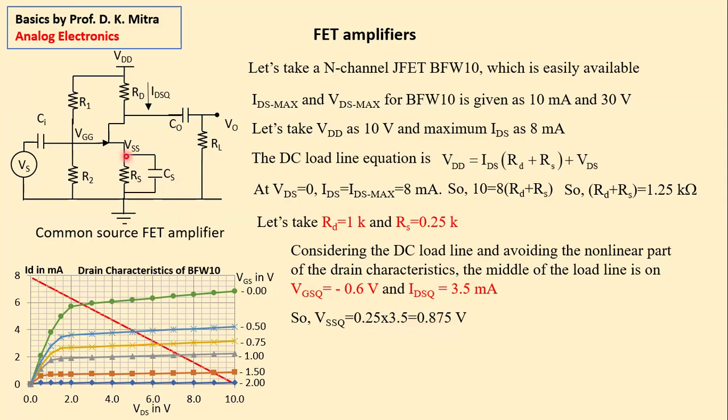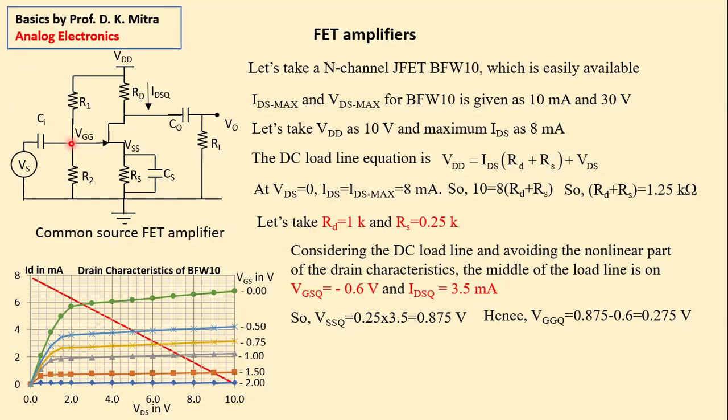So you have here 0.875 volt, and this point should be 0.6 volt less. So VGGQ should be 0.875 minus 0.6, equal to 0.275 volt. This point I want at 0.275 volt.